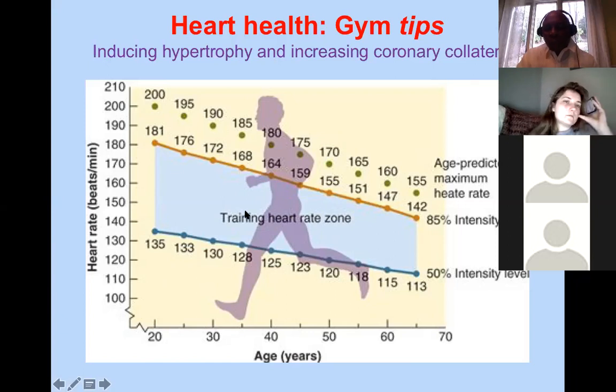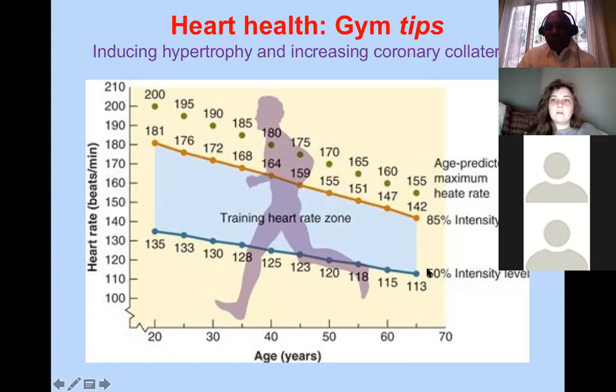When you go to the gym, this is where you should stay in to induce collateral insurance against heart attack, that's collateral, and then efficiency of the heartbeat, that's the hypertrophy. So to have these two induced, your heart rate has to be within this training heart rate zone.